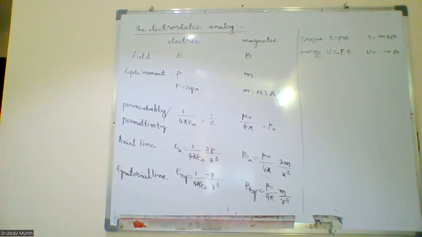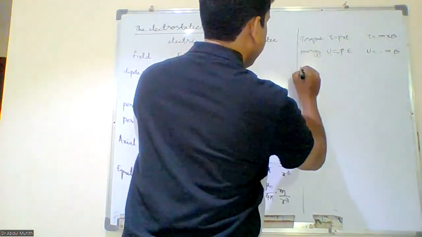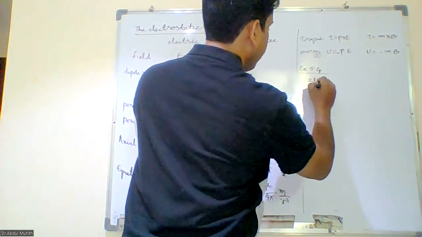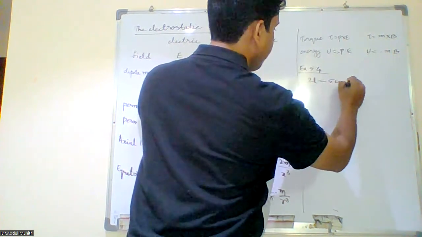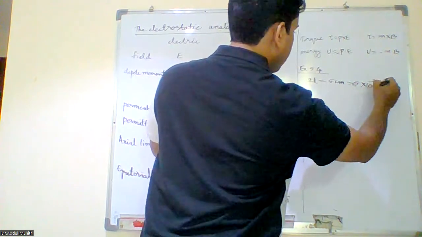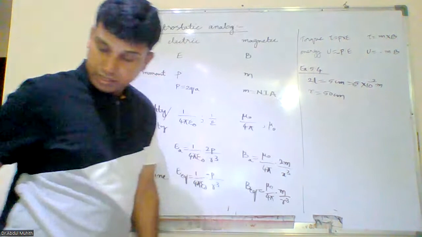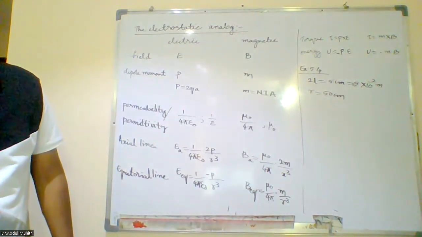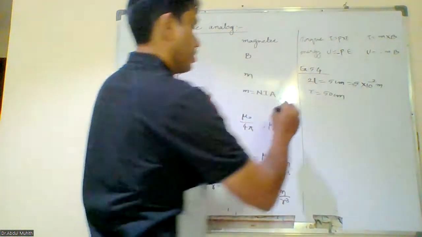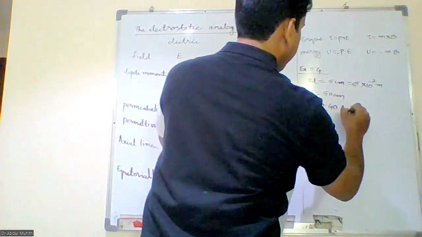The length of the bar magnet is 5 centimeters, that is 5 into 10 power minus 2 meters, and r is equal to 50 centimeters from its midpoint. The magnetic moment of the bar magnet is M equal to 0.40 ampere meter square.